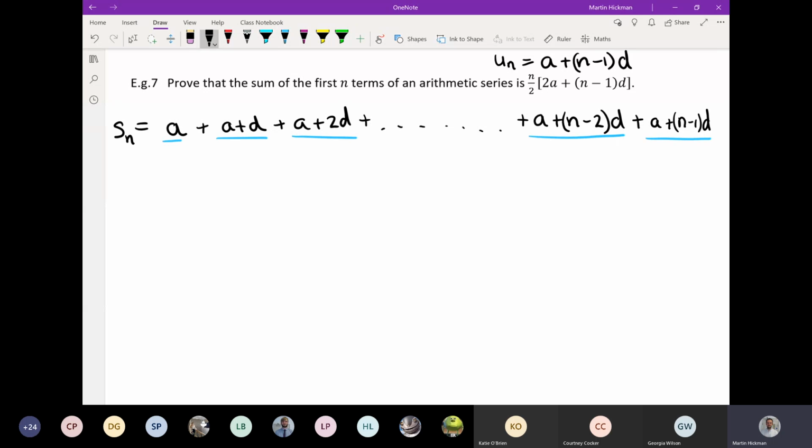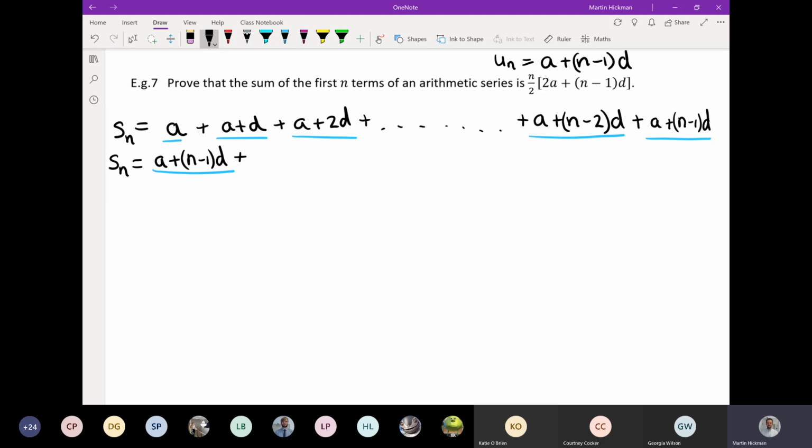What I'm then going to do is write that out again, but in reverse order. So the last term in the sequence is just a plus n minus 1 times d. That's just the formula that we used yesterday.